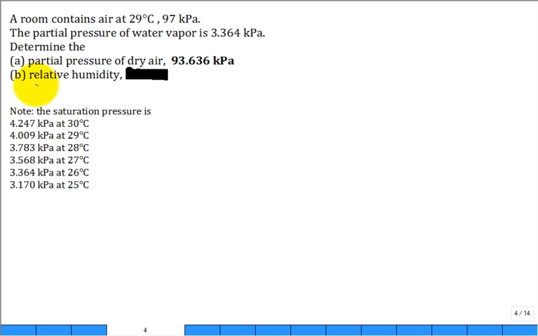Part B says, calculate the relative humidity. What symbol? Phi in this textbook for relative humidity. And somebody over here, tell me how you're going to calculate the relative humidity.